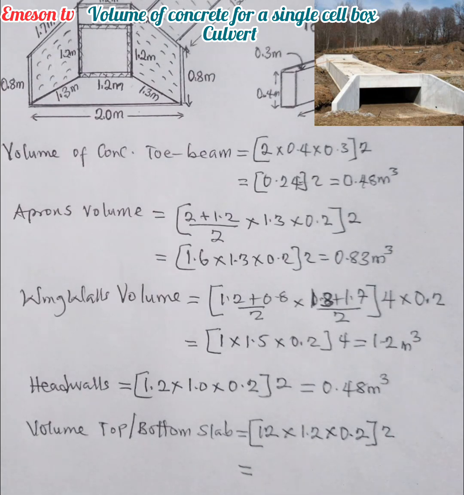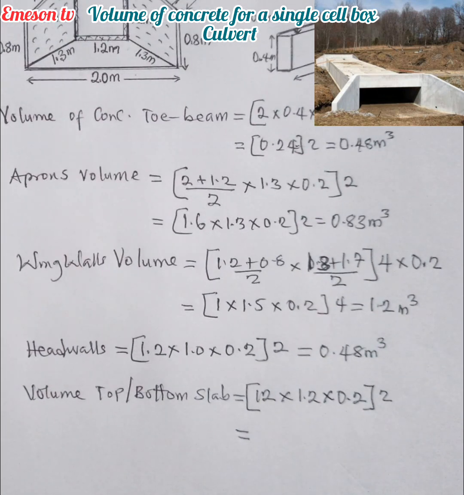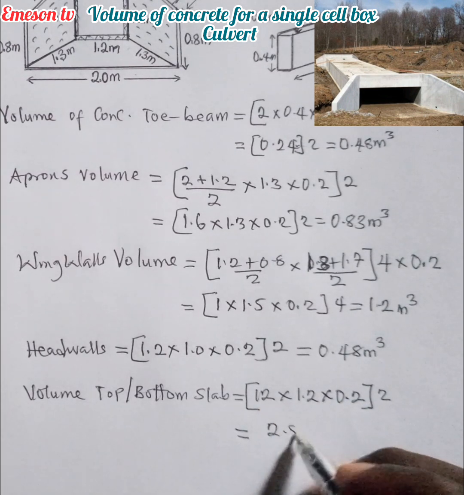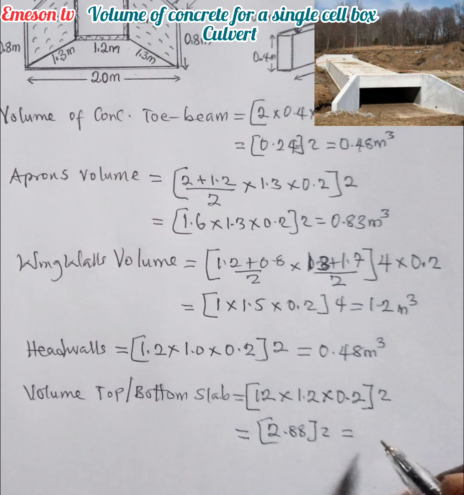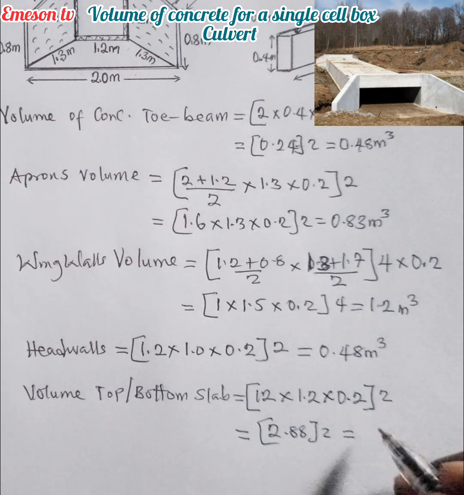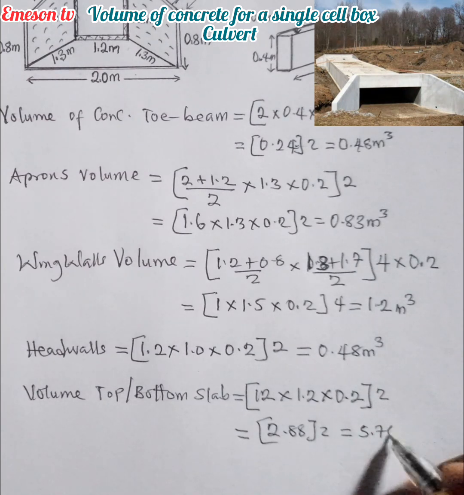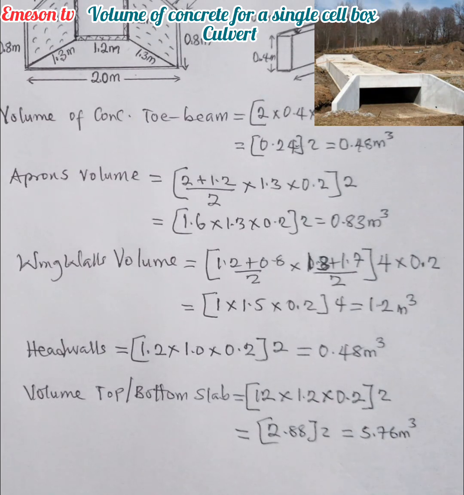So whatever we have, multiply by 2. All this is 2.88 times 2, which gives us 5.76 meter cube. This is the volume of concrete for the top and bottom slab.